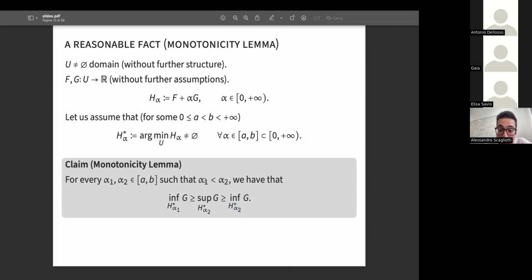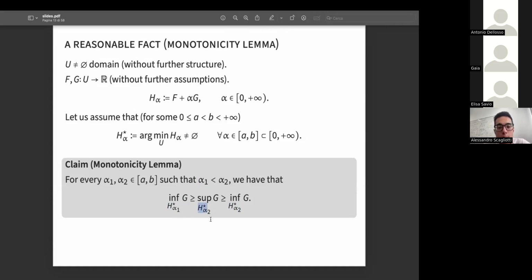This is saying that when alpha 1 is smaller, then the minimizer of H alpha 1 that has the lowest value of G is always going to have a value of G bigger than the supremum of G computed on all the minimizers related to alpha 2.